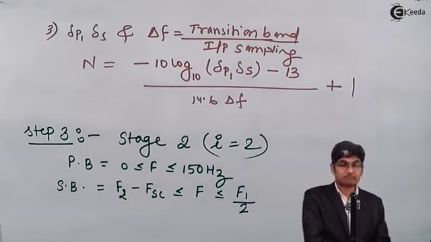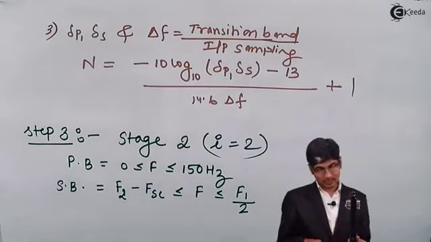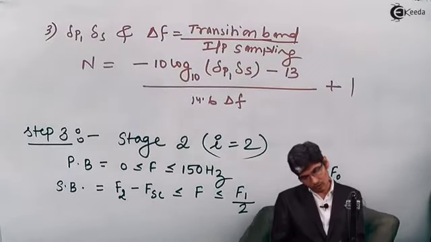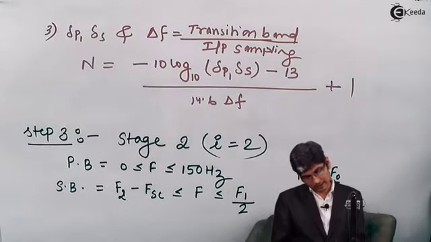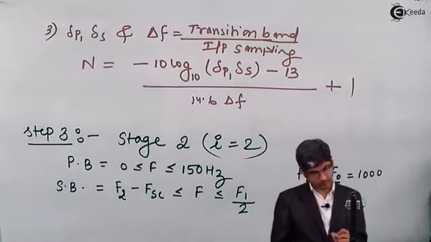What is F1? F1 is 1000 now, because we have already decimated by a factor of 10. So here F1, which is nothing but F0 by 10, is 1000.